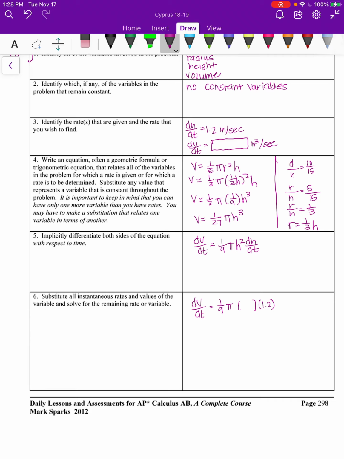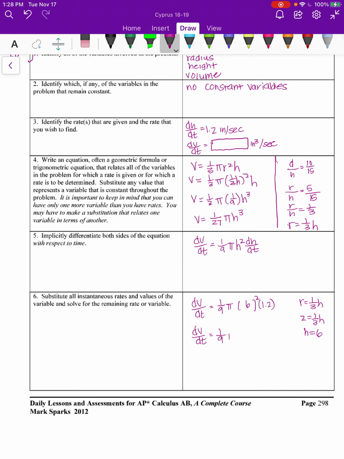The information they gave me was that the instant the radius is 2. Well, I know a relationship between the radius and the height. My relationship between the radius and the height is r is equal to 1/3 times the height. If the radius is 2, then h must be 6. So I'm going to plug that in for h.